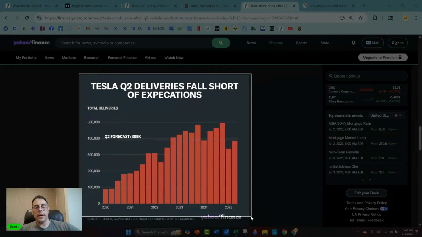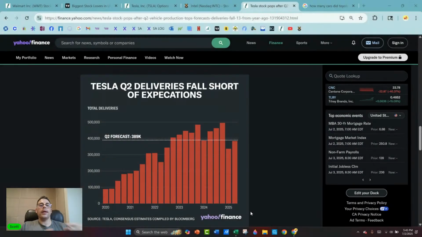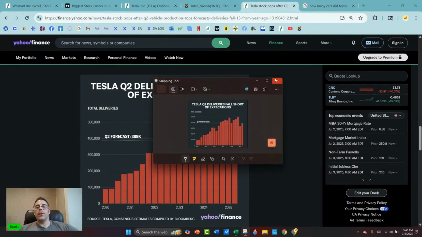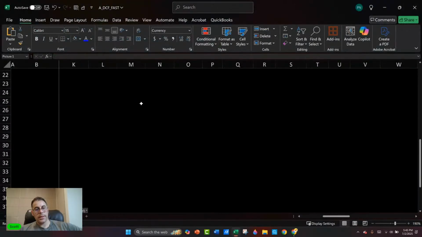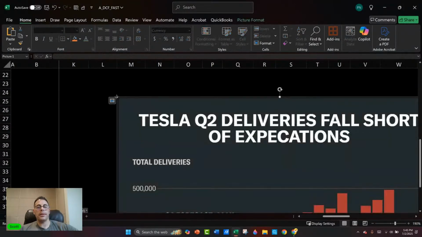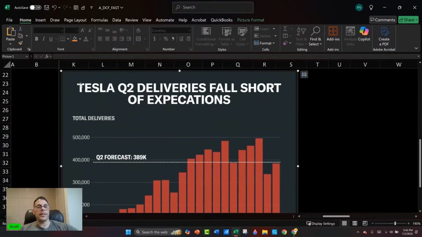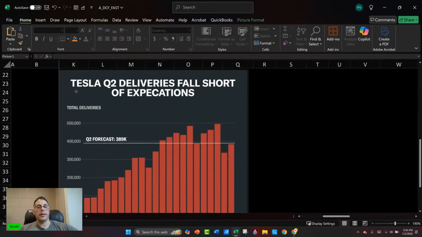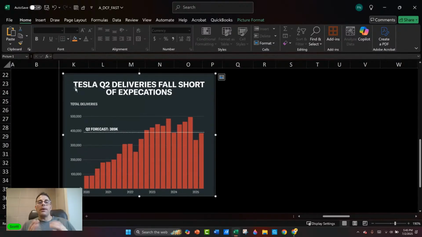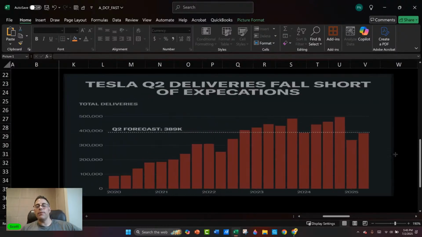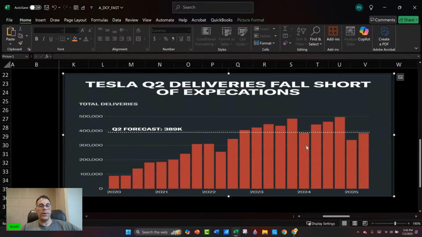It's kind of like when you're looking at Meta, you want to look at how many people are using the platform. Like Netflix, how many users, how many subscribers. But with Tesla, it's deliveries. I mean, not how many cars are made. That's good information, but how many cars are made is not as relevant as deliveries. Deliveries are real cars that somebody bought.